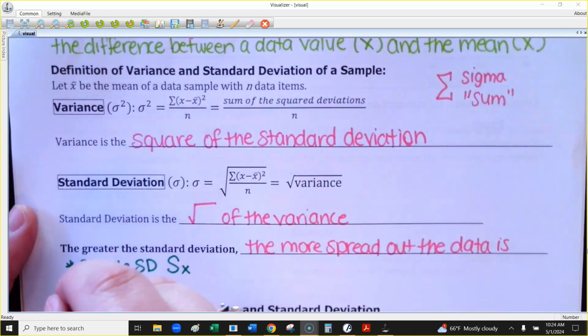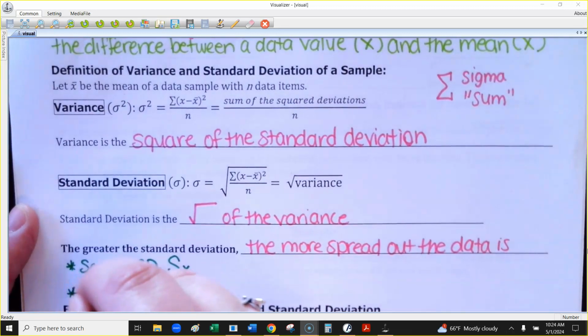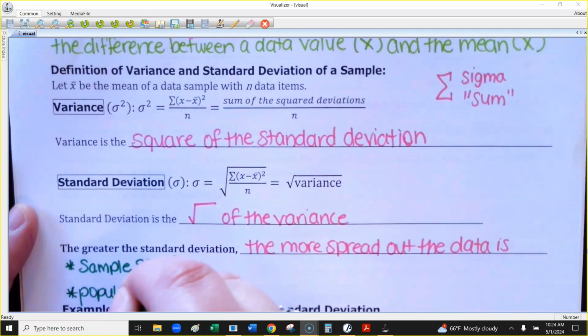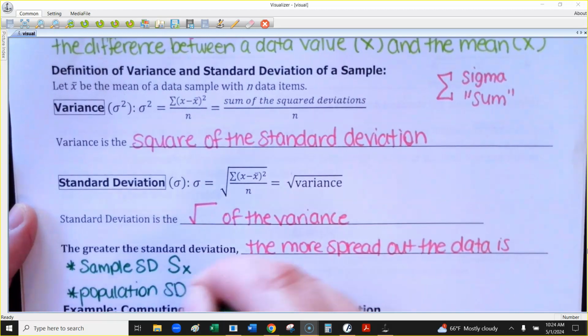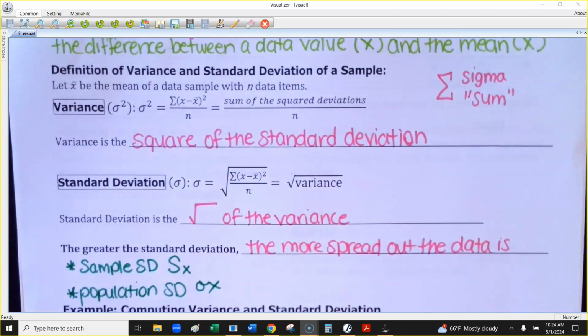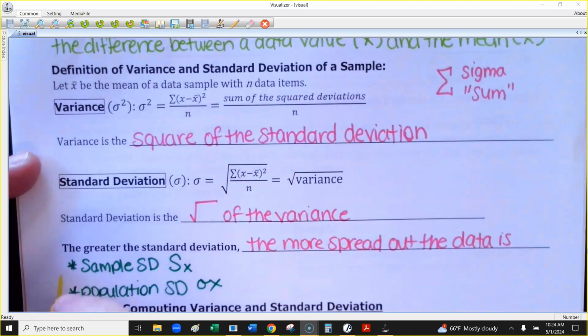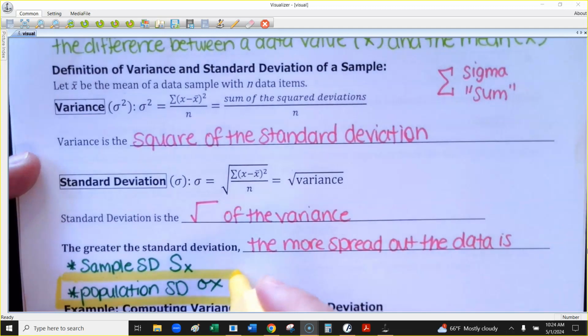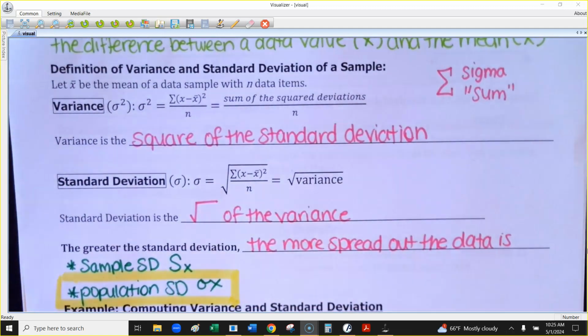We're going to use population standard deviation, which is that symbol. I just want you to know there are two different ways to calculate it. The reason we're not using Desmos is because Desmos calculates the sample, where we're going to calculate the population, because we're going to have the entire population of data to work with.